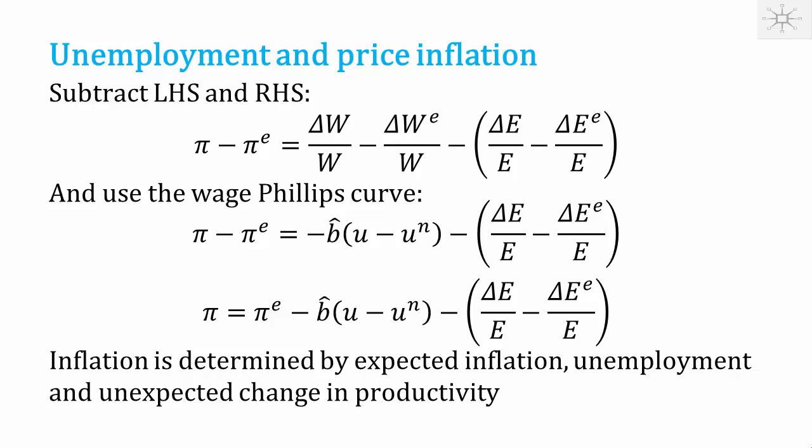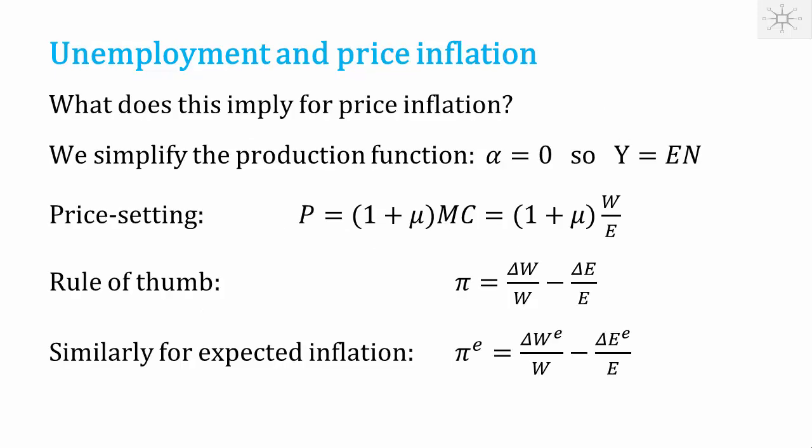And now, from using this, we can easily derive a Phillips curve for inflation. And the derivation here is slightly different from that in the book, but it amounts to the same thing. So basically what I do here is I take those two equations here for inflation and for the expected inflation. These are two equalities.